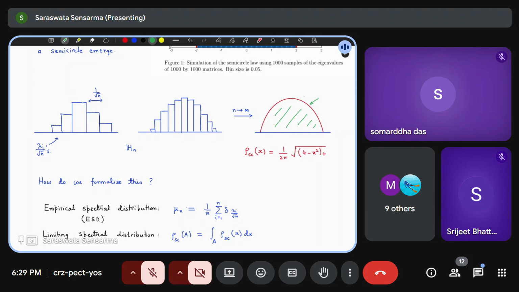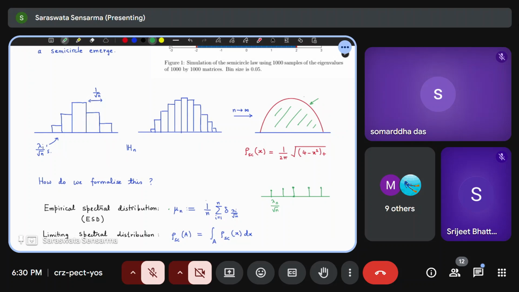Firstly, we look at the empirical spectral distribution. This is exactly what we had before. We look at this measure which assigns equal weights to all of these lambda i by root n's. So you have lambda n over root n somewhere here, and the measure assigns equal weights to all of those.